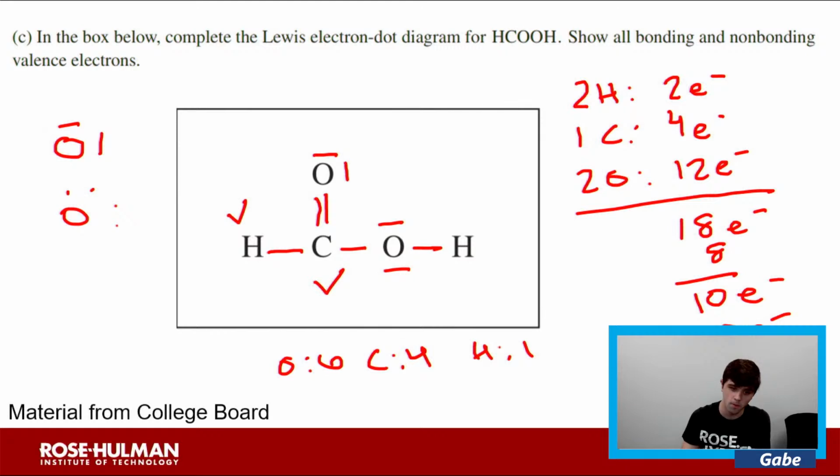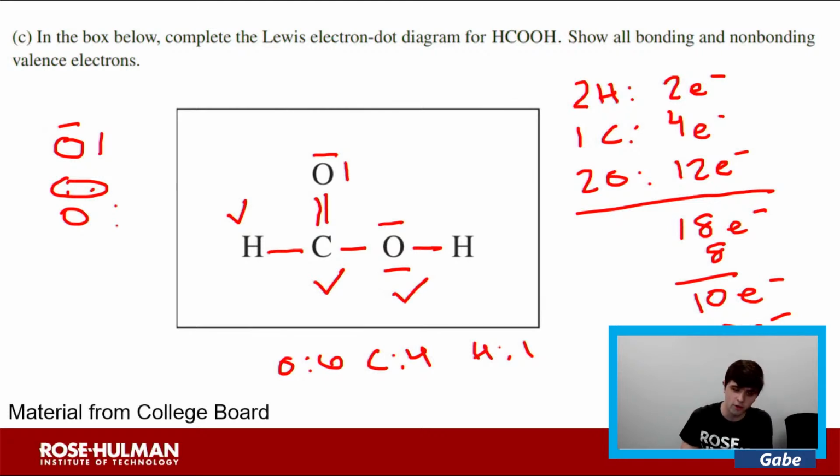So we have 1 here and then 2 on the other side. So now when we count our non-bonding pairs, we want to count them as if they were single electrons. So 1, 2 instead of just a single 1. So we have 1 bond here, 2, then we have 3, 4 electrons on that, and 1, 2, 3, 4, 5, and 6. So 6 on the oxygen right there.